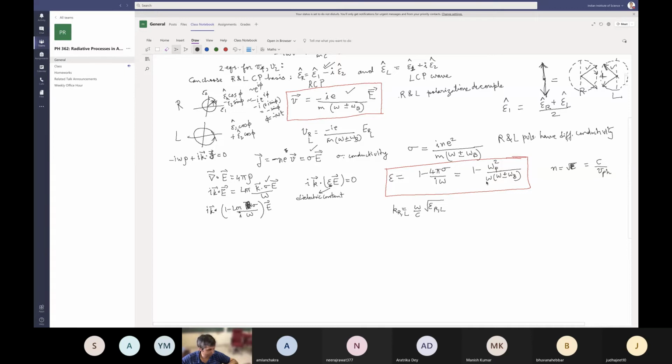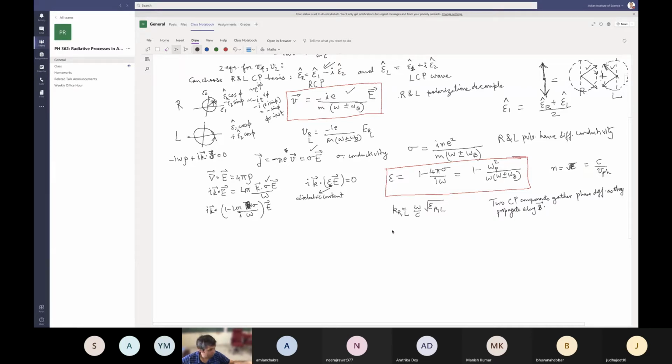They are given by this. So what happens is the two circularly polarized components gather a phase difference as they propagate along B.